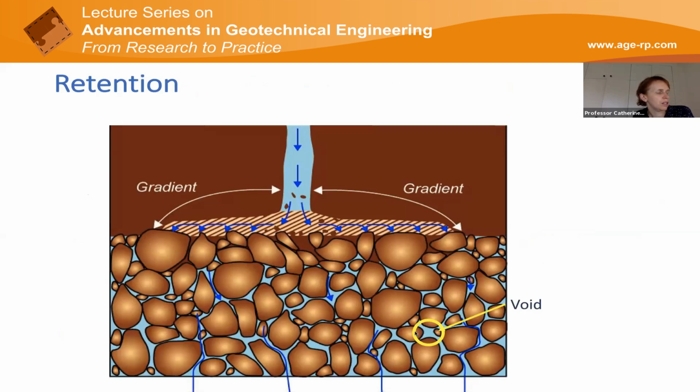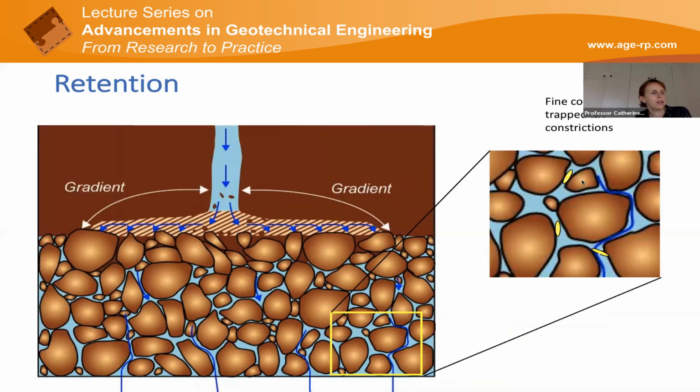And you can see the voids in the filter. But between two voids is a constriction. And for many years, engineers have said that it's these constrictions that determine if a filter works very well. It's the constrictions that trap the fine particles in the core that might want to escape under seepage flow.